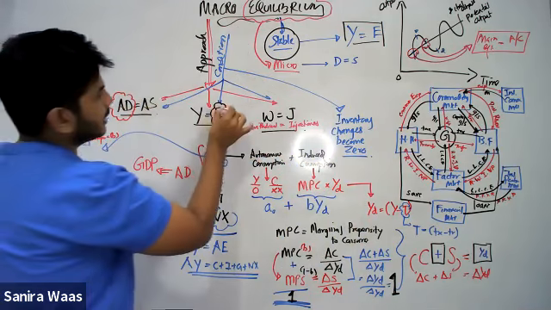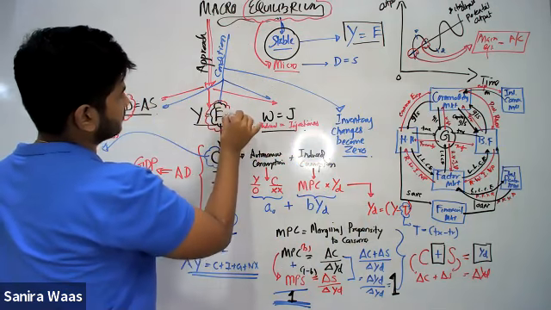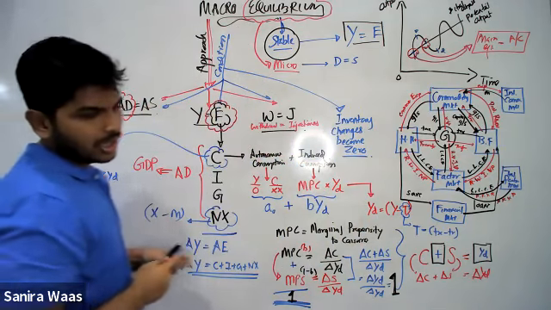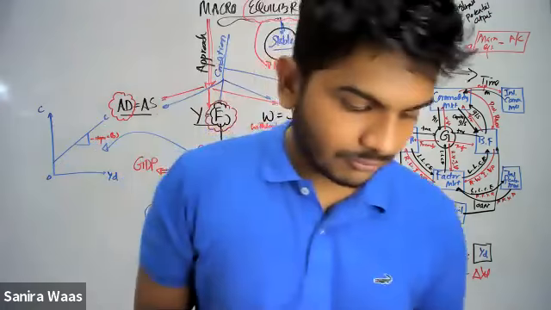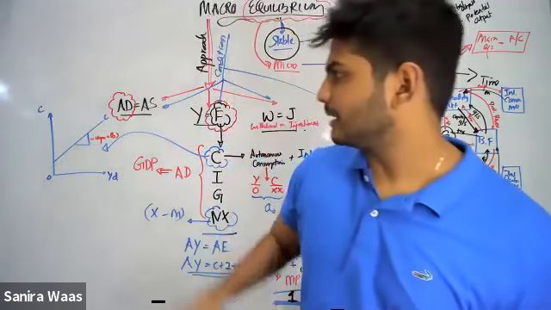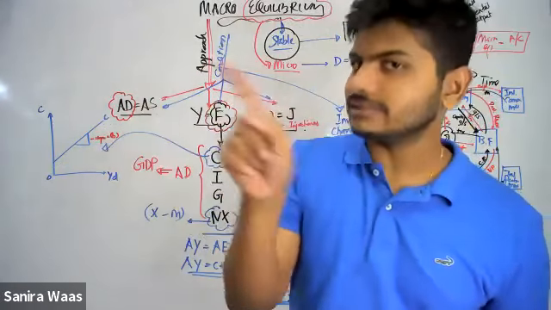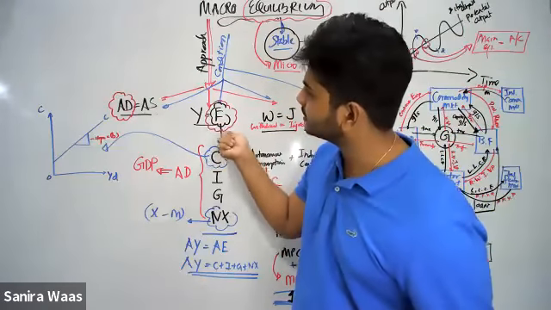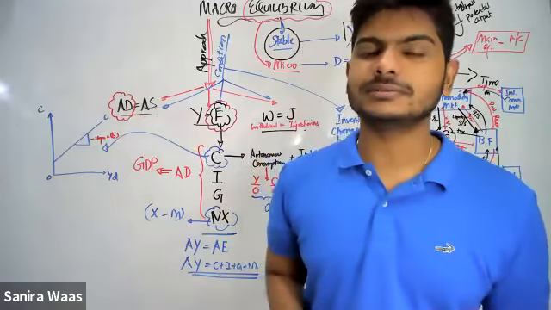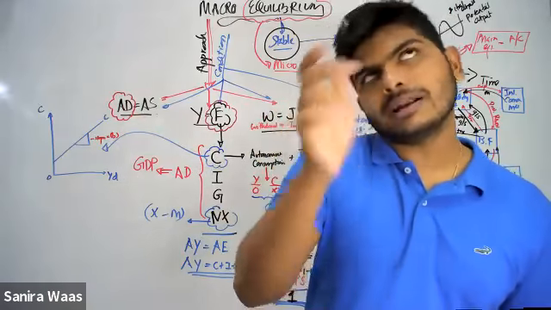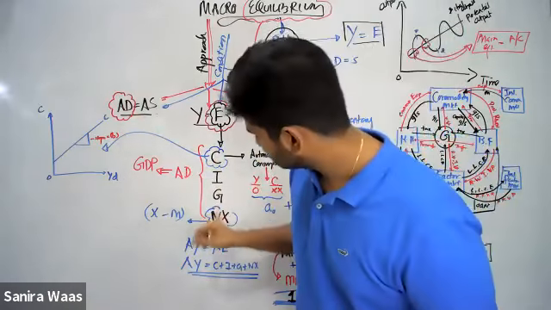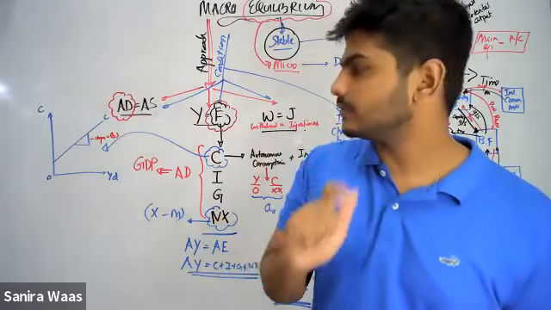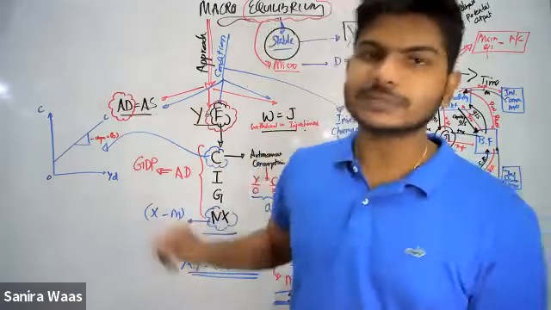We'll keep it for the paper discussion. Think and find the answer. What is this difference? Aggregate expenditure and aggregate demand. The components of aggregate demand we know are the same. So what's the main difference between aggregate demand and aggregate expenditure?